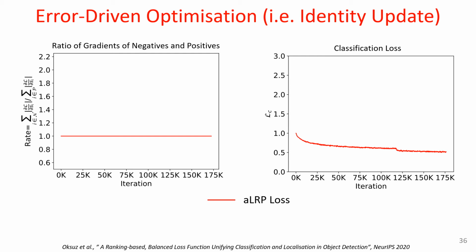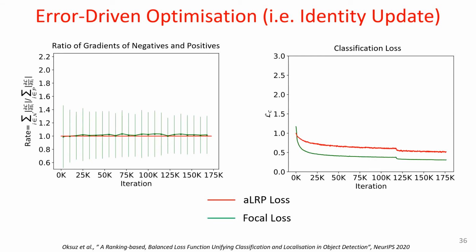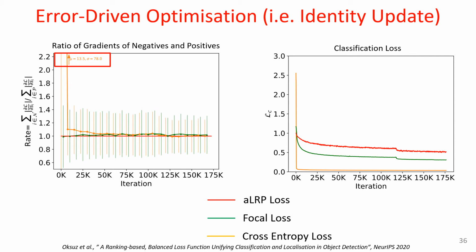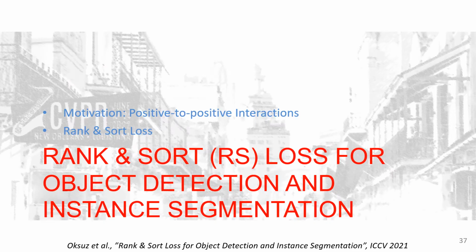While average LRP loss exhibits perfect balance between the gradients throughout the training, the derivatives of focal loss have large fluctuations which bias training towards positives or negatives alternately across iterations. As expected, imbalance impacts cross-entropy more, as it quickly drops, overfitting in favor of negatives, since it is dominated by the error and the gradients of this large number of negatives.